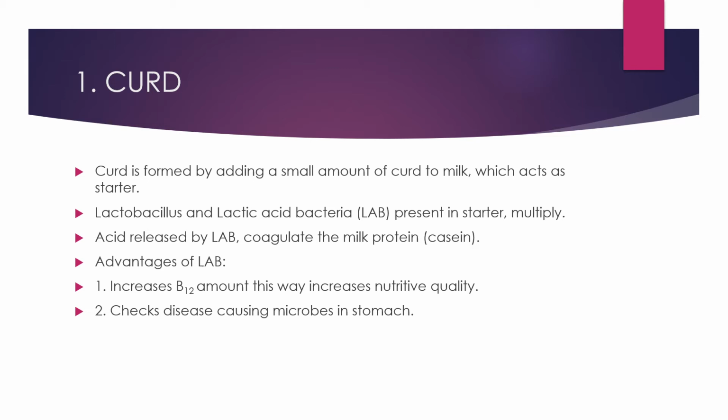This is one important advantage of lactic acid bacteria. Second, this type of bacteria checks the growth of disease causing microbes which are present in our stomach. This is the second advantage of LAB, and it is very important to know. That's why curd is very good for health.